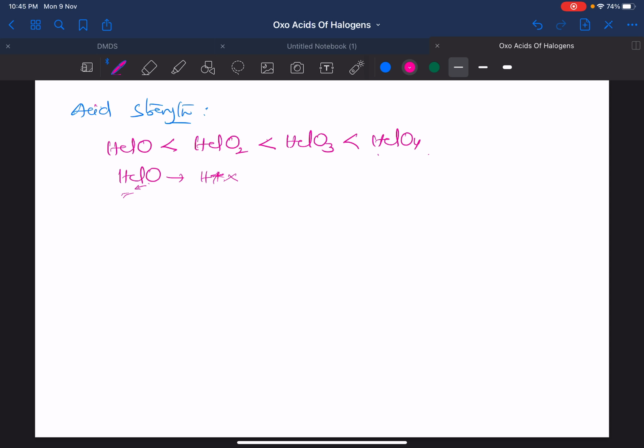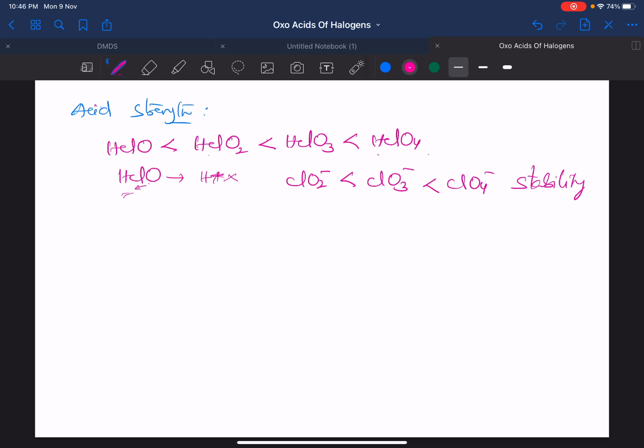As for HClO2, HClO3 and HClO4, the acid strength gradually increases. Why? Because these acids stabilize the anion, the chlorite ion ClO2 minus. The stability of ClO2 minus ion is less than the ClO3 minus ion, and that is less than the ClO4 minus ion, as the stability of the anion increases.